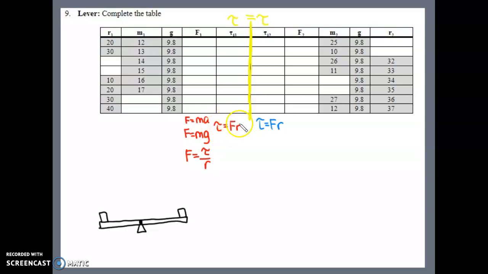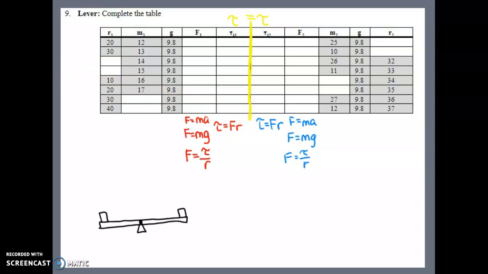I'm just manipulating the formula for torque here to find force, and that applies for both sides. So force equals mass times gravity, or force equals torque divided by the distance, the radius.